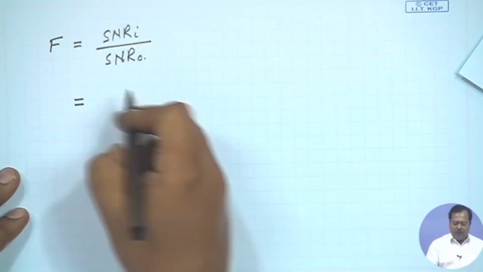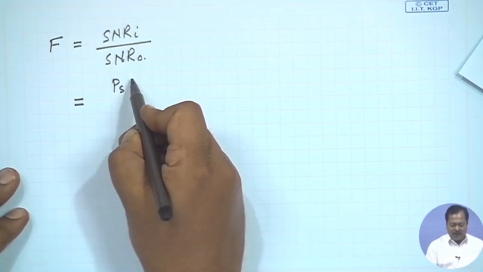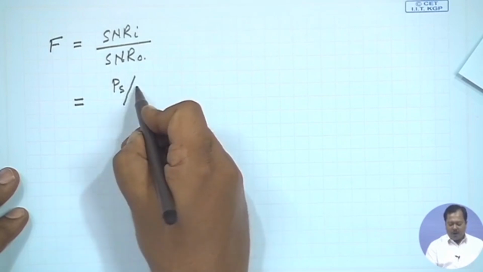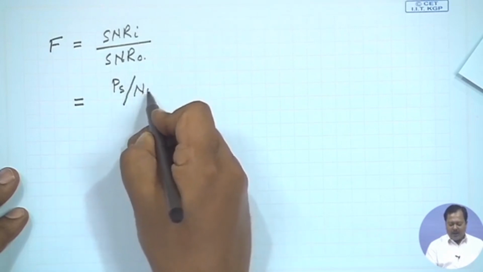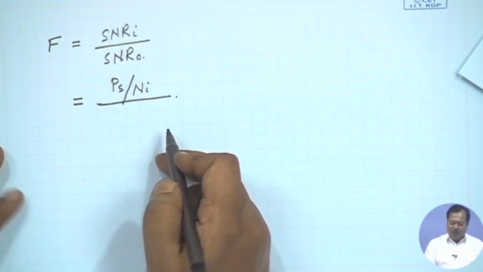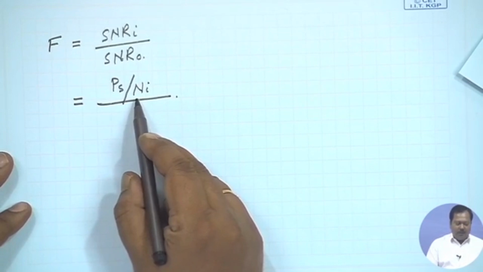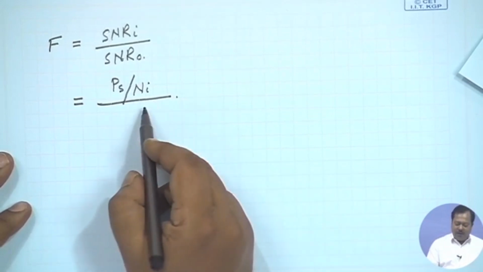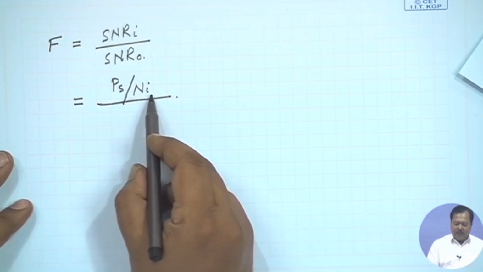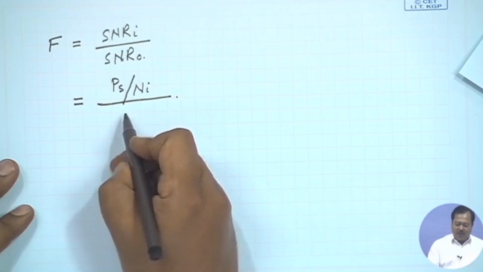At the input terminal, let us say, as we assumed in the previous example, PS is the incident power, and Ni is the incident noise from the left hand side. We are considering per unit hertz. So, this is the SNR at the input side. Now, we can calculate the SNR at the output side.